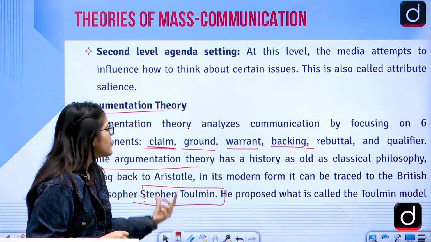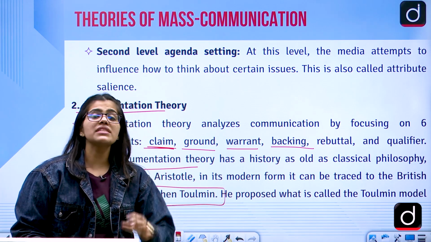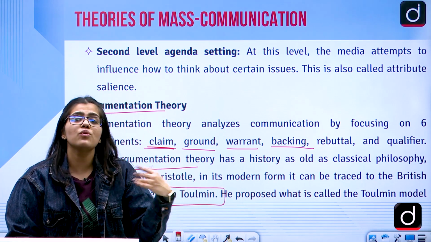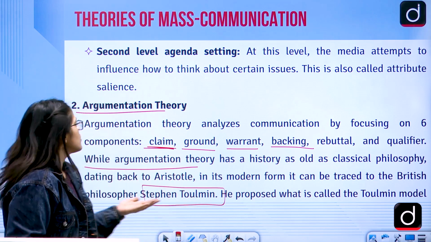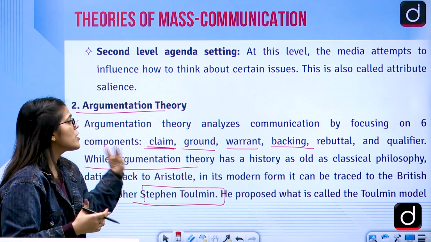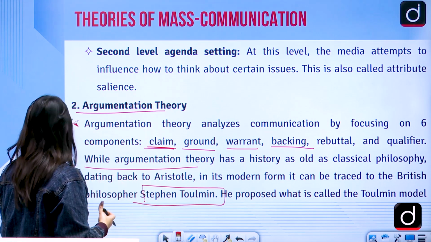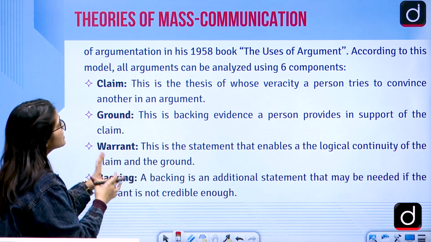So who talked about the argumentation theory? It is Stephen Toulmin. This theory says that there are always a few things that you seek when you look at the media. These are the claim, the ground, the warrant, the backing, the qualifier, and the rebuttal also. So what is it? There is always a claim.